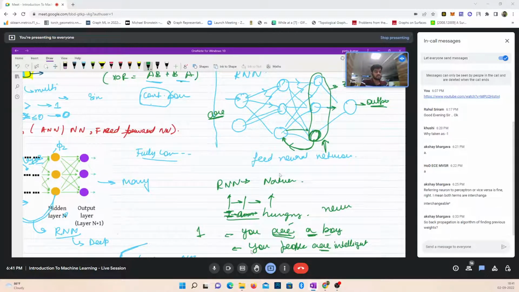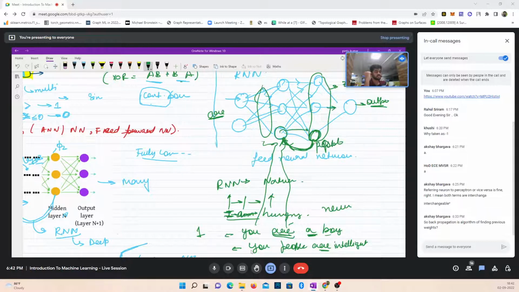Then you want to pass this information on to the second layer. When you first pass the word "you", that is fine. You pass the word "you" over here, then you pass "are" over here. Now you also want to incorporate information about the neighboring words. So you first learned what could be a possible translation for "are", then you learned the possible translation for "people".